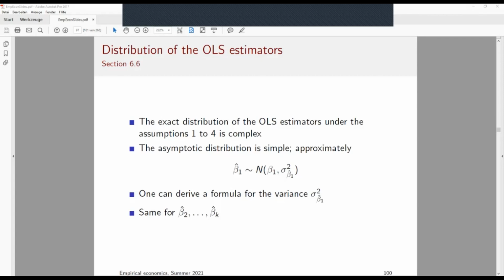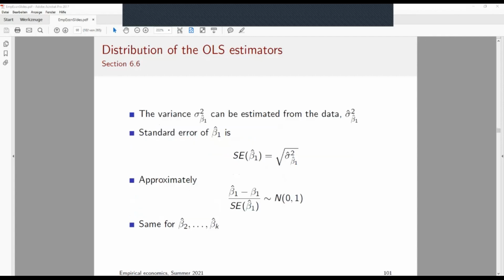Luckily, we don't need to do that ourselves, but R or any other statistical software does that for us, so that we don't need to focus on deriving and estimating this variance, but can directly jump to the standard error of beta1. So the standard deviation is just the square root of sigma squared hat of beta1 hat, the square root of the estimator of the variance of our estimator of beta1.